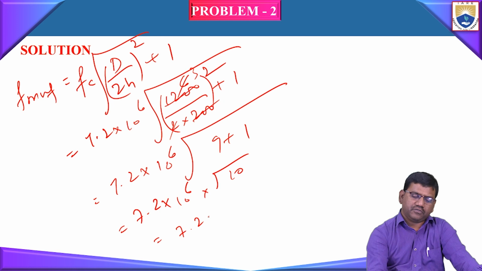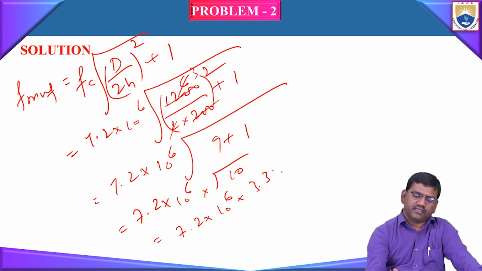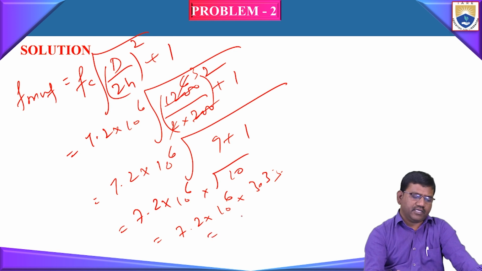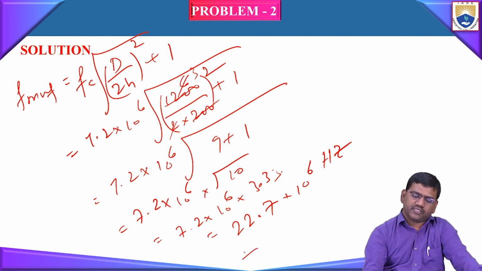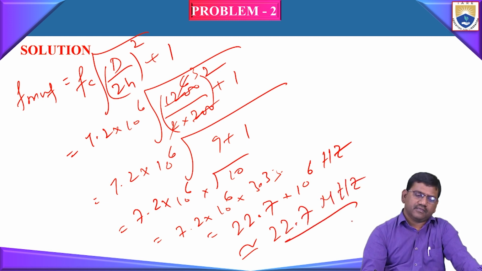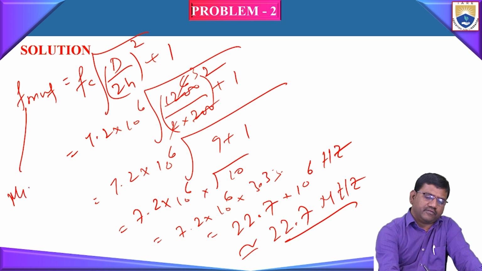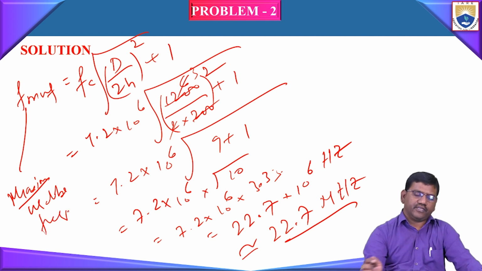So 7.2 into 10 power 6 into 3.33, approximately you will get 22.7 into 10 power 6 hertz. So this is approximately equal to, rounded off, 22.7 megahertz. So this is the maximum usable frequency, that is F MUF here.